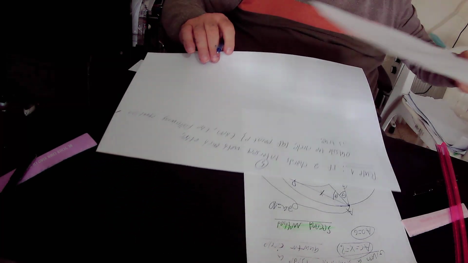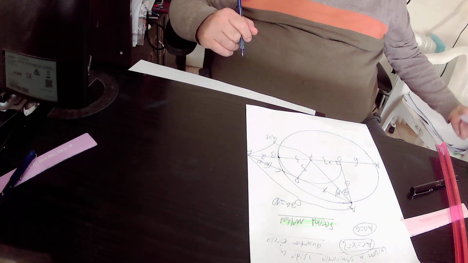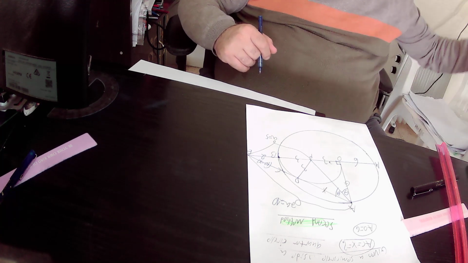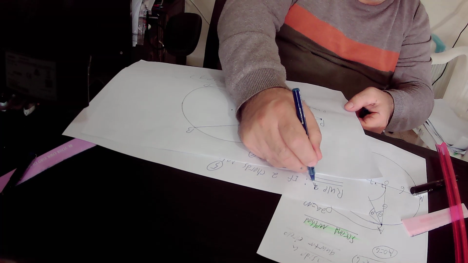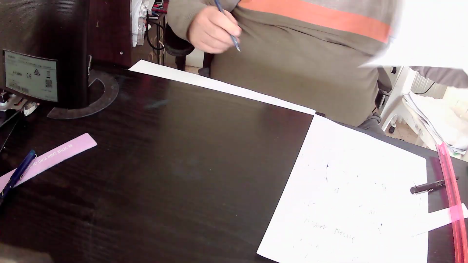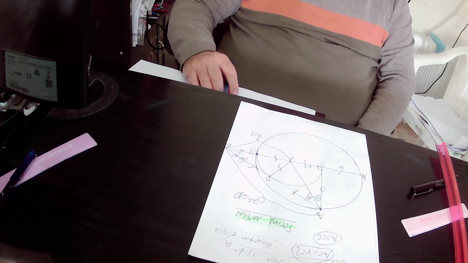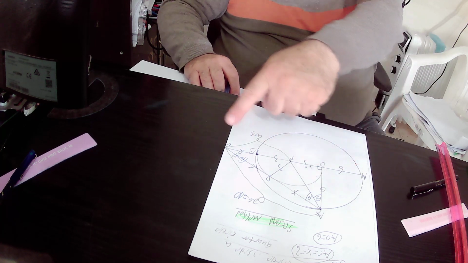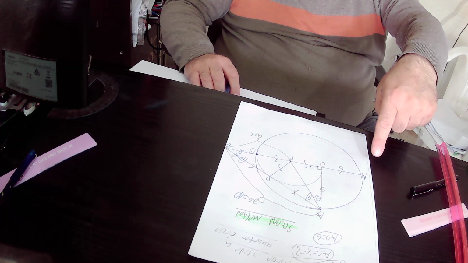So in our drawing, we can implement rule number 3. This is rule number 3. We can implement rule number 3 in our drawing because in our drawing we have chord AC that intersects with chord MB.